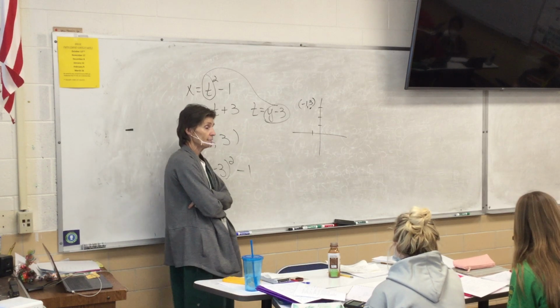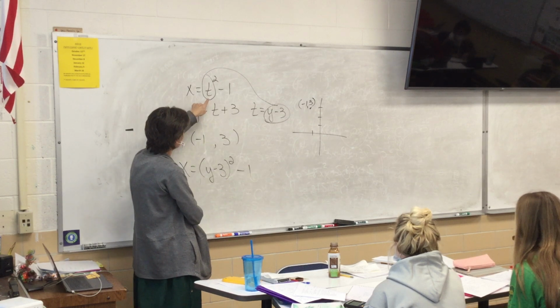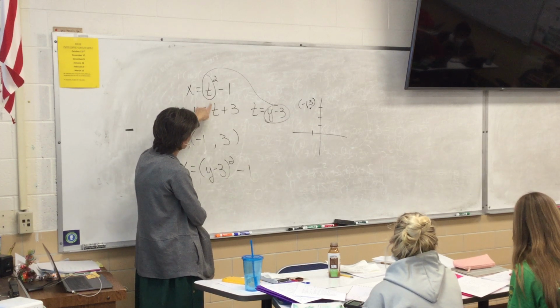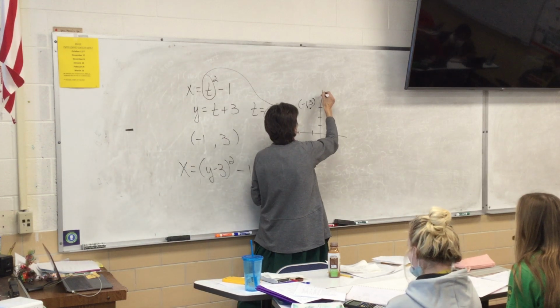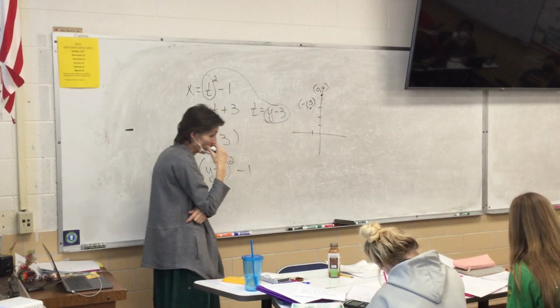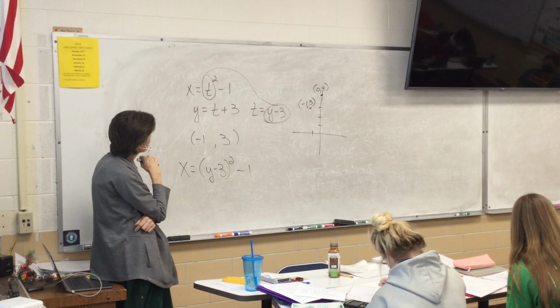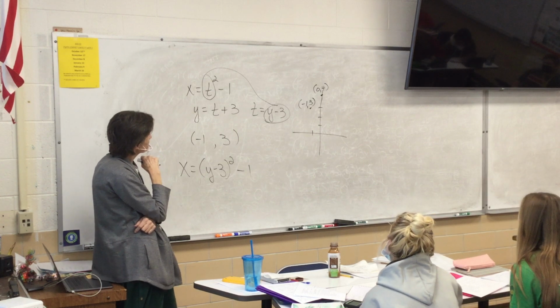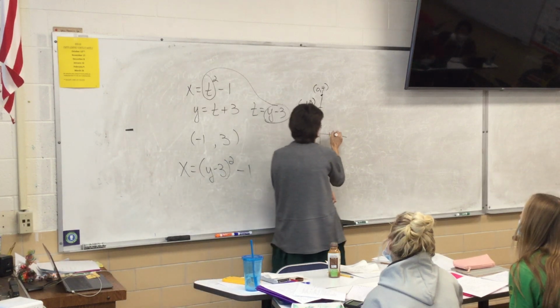Let T be 1? Well, what happens if we let T be 1? 0. And? So 0, 4? All right, what happens if we let T be 2? X would be 3, and then 1 is 5.